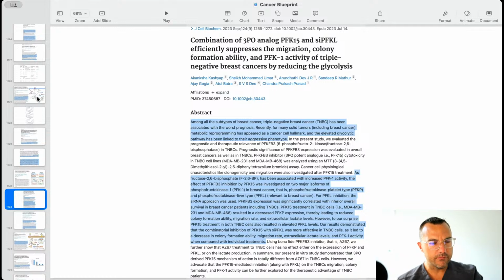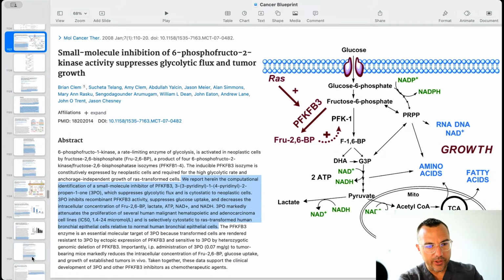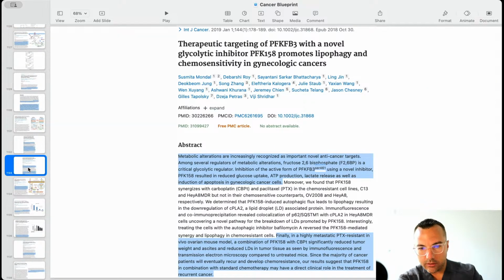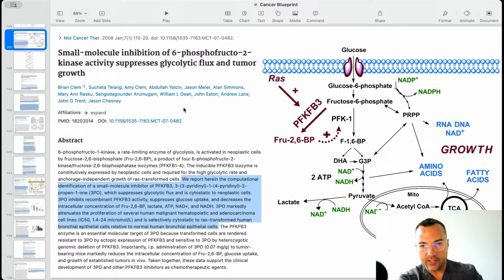I'm trying to think the best way to explain this. So let's look at this. What they're saying here is, let me quickly clarify and make sure I'm on the right track. So we've talked about this when we were talking about the PFK enzyme, okay? PFK1.